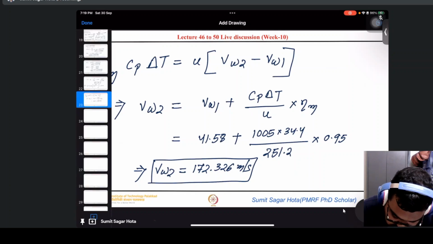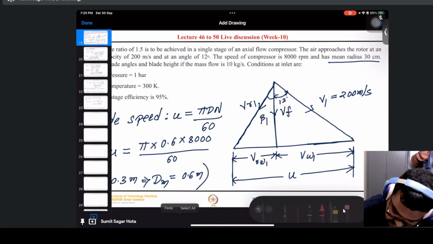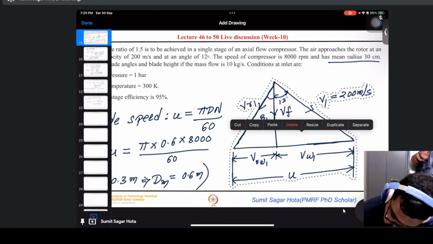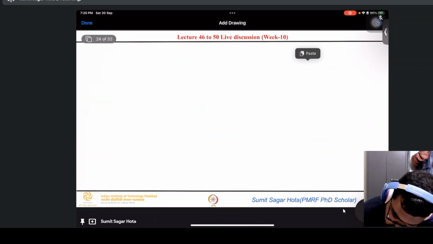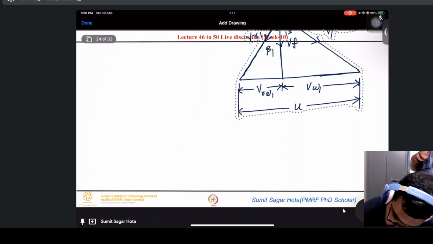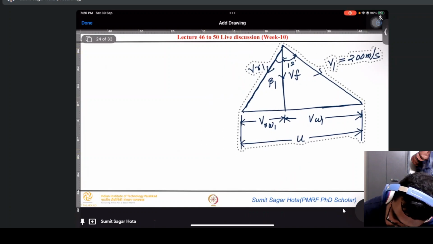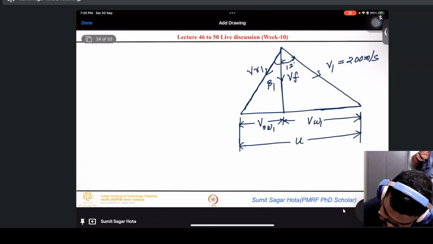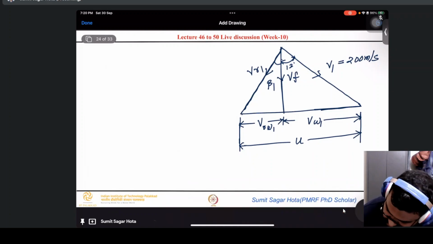You can now draw the same triangle for the exit as you drew for the inlet. I just drag it and drop it, but you have to draw.